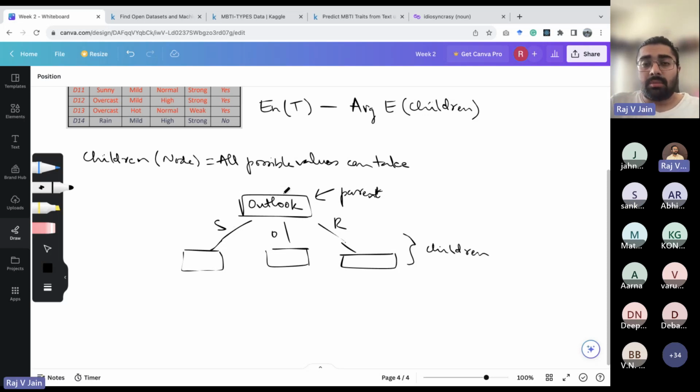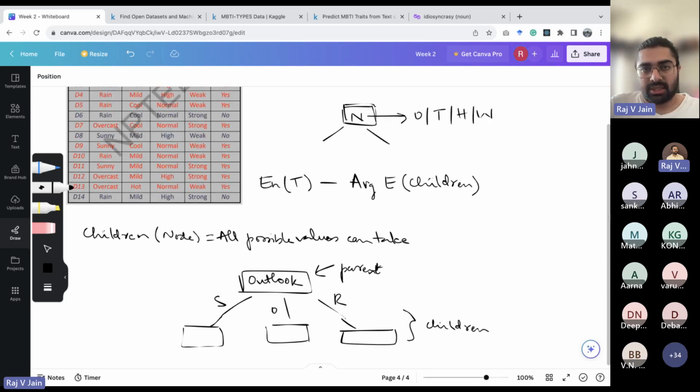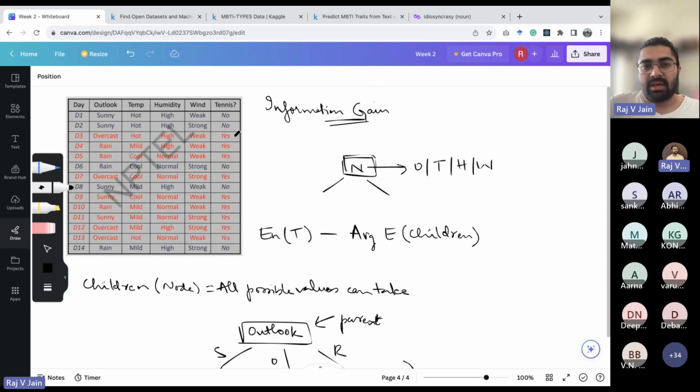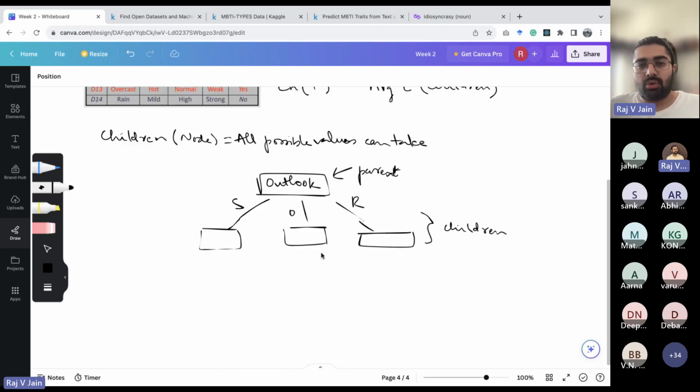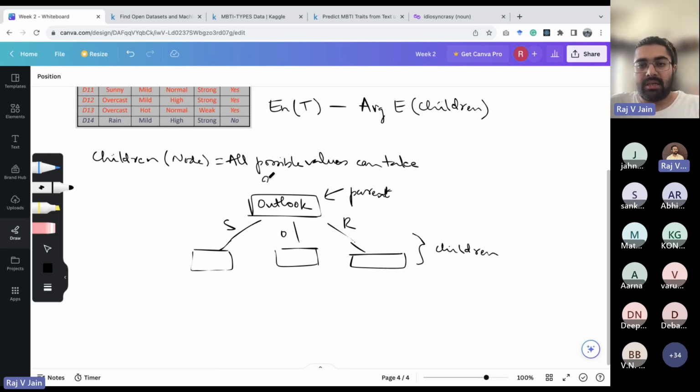Now, the entropy of the root node is always the same, because I always have these first set of variables: 9 yes and 5 no's of the tennis variable. So I have 9 positive examples and 5 negative examples.